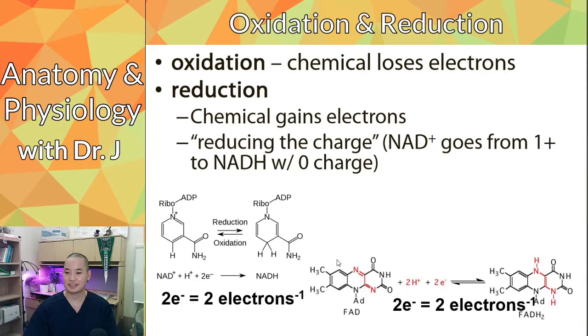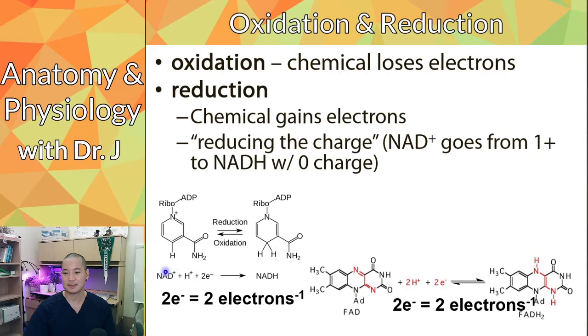So what's happening in both of these equations, as you go from point A to point B, is that you're reducing because you're gaining electrons right here. This is why it goes from +1, or actually +2, because you have +1 and +1, but you're also subtracting 2 when you gain the electrons.